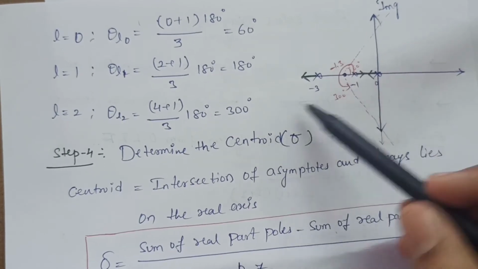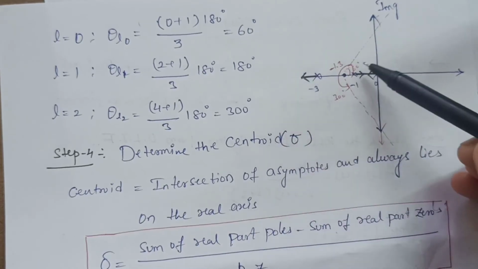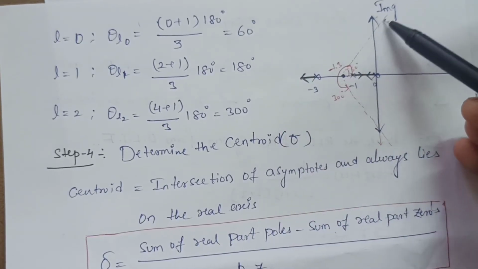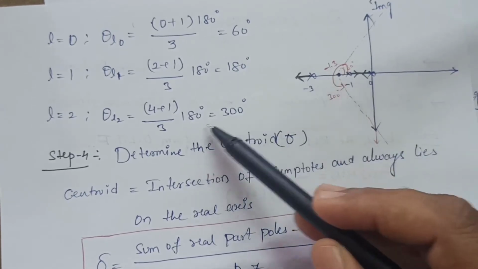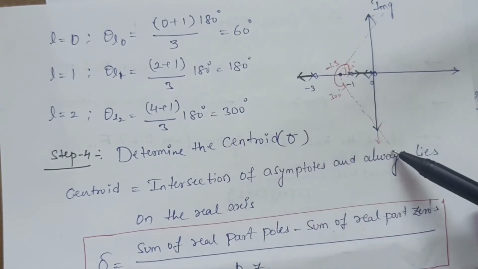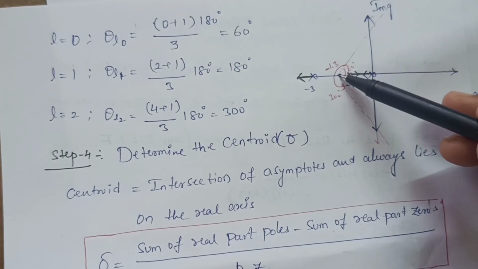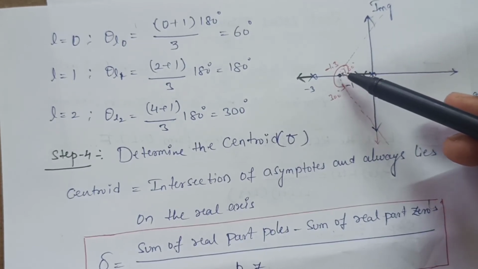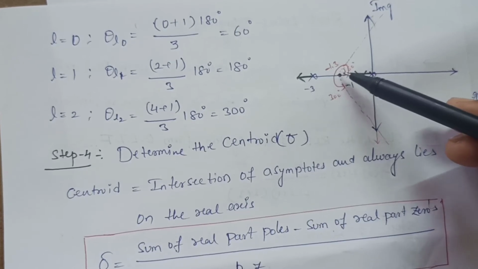For example, from this real axis I take some angle, that is 60 degrees like this, and 180 degrees is like this, and 300 is like this. These are the asymptotes. The point where they meet is the centroid point. The centroid is always the intersection point of the asymptotes.